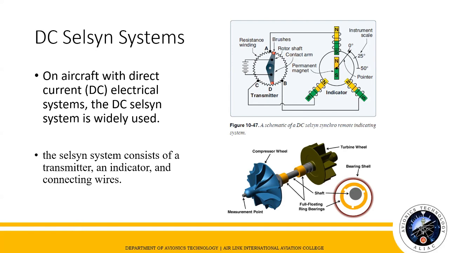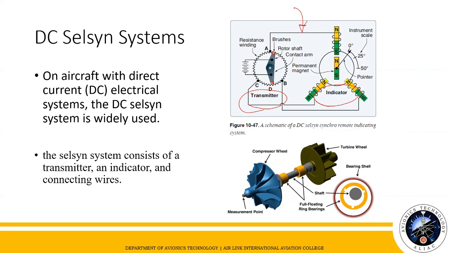So yung selsyn system consists of a transmitter. So kung titignan nyo dyan, yan, merong transmitter and merong indicator and then ito yung mga connecting wires. Yan, yung mga connecting wires. So the transmitter consists of a circular resistance winding and a rotatable contact arm.